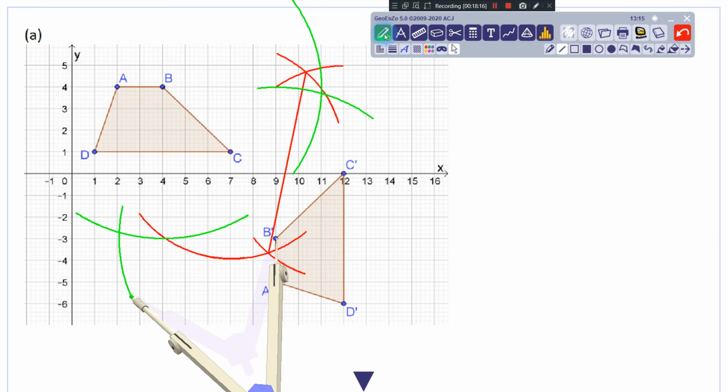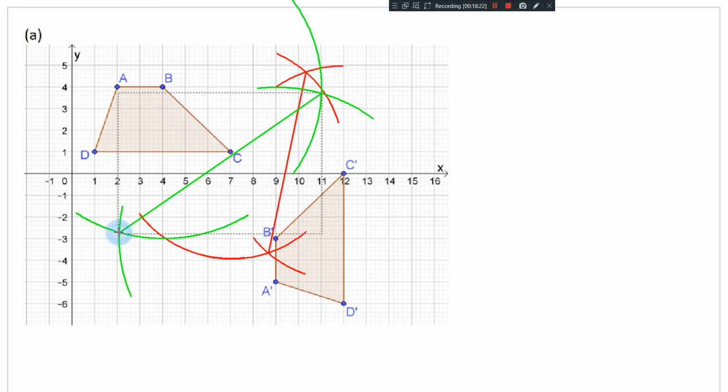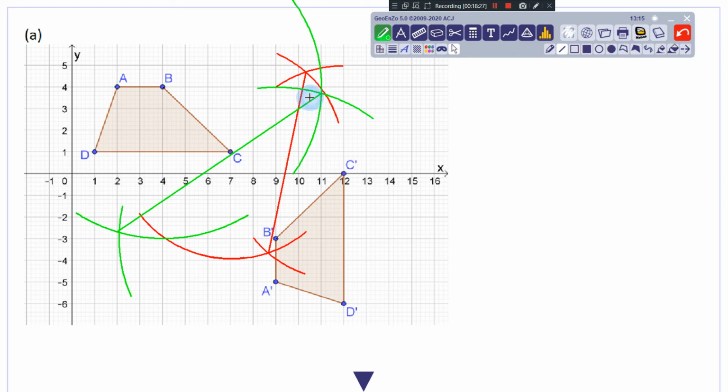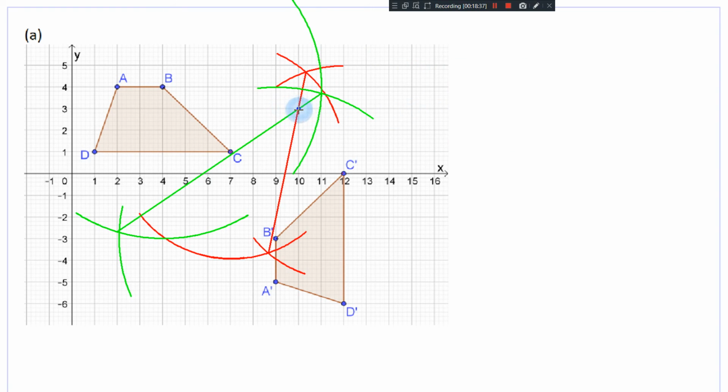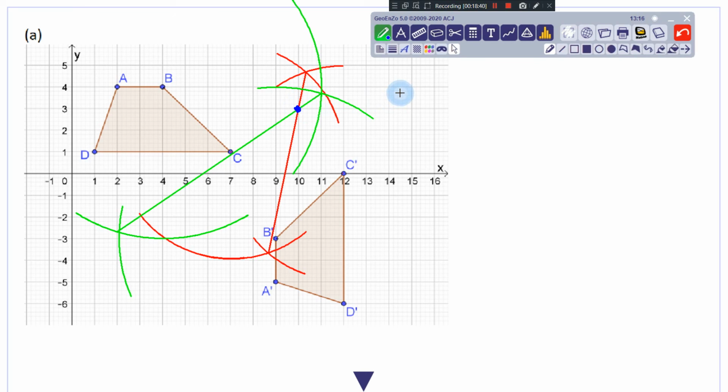Okay, so the next thing is just connect these 2 intersection points together using a ruler. The intersection point between these 2 perpendicular bisectors, which you can see is over here. It's over here, right? So this is the center of rotation.